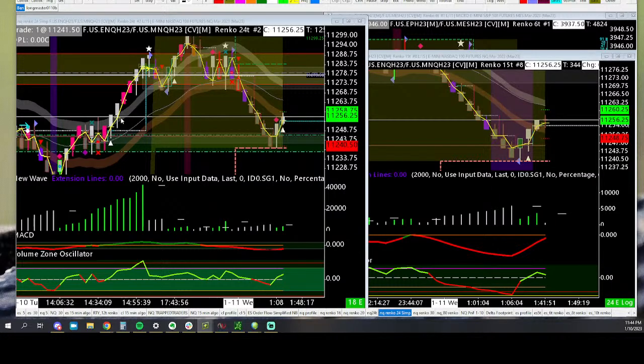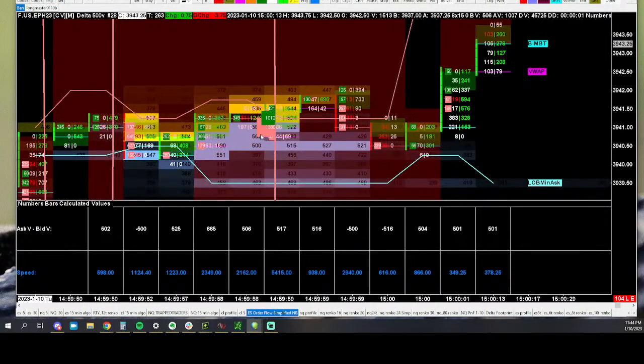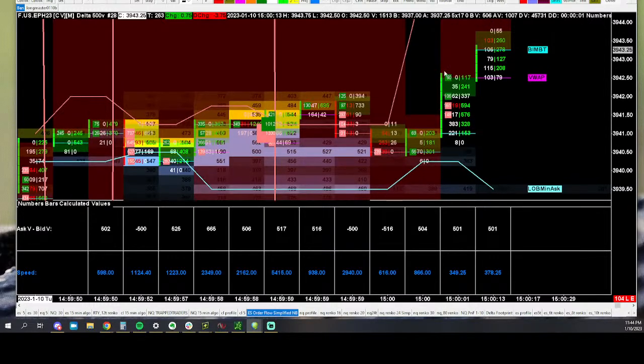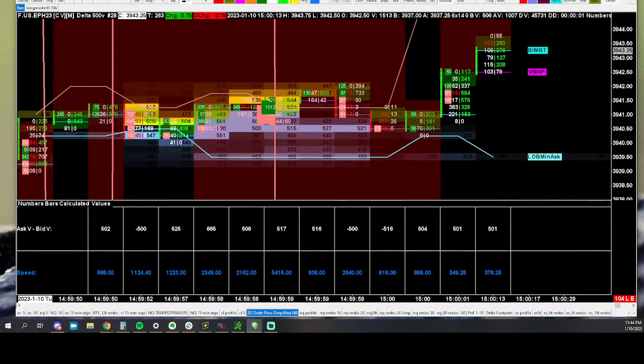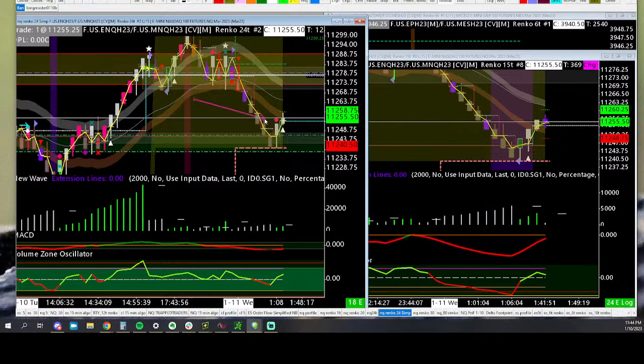So, for instance, rather than trying to decipher all the actual information, like the bid ask spread and where all the trapped traders are, from a mathematical point of view, I would prefer to have this information interpreted for me and then indicated with signals or colors or lines on the chart, right? So I don't have to necessarily do all the analysis.